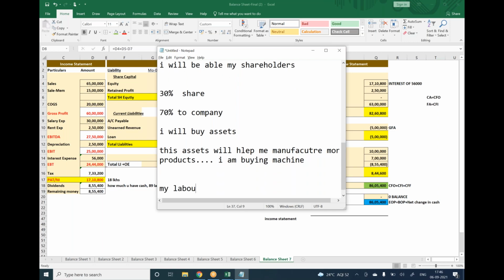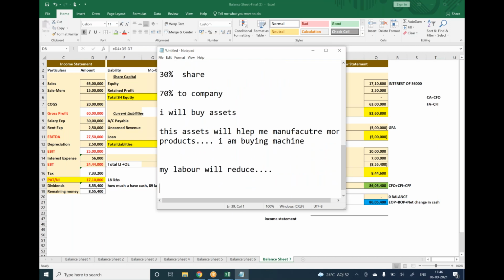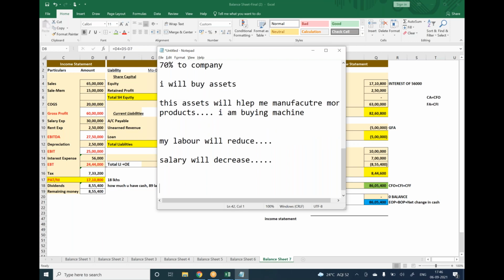My labor requirement will reduce because machines are doing the work. Because my labor will reduce, salary will decrease. You understand the dynamics of the business, where each one is connected? Yes, sir. Each and everything is connected. So that's how the business works.